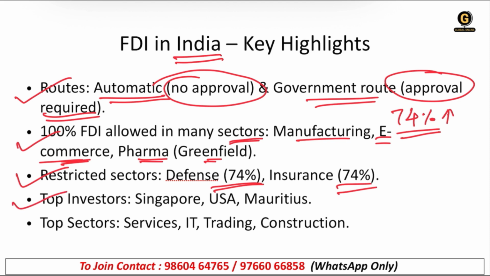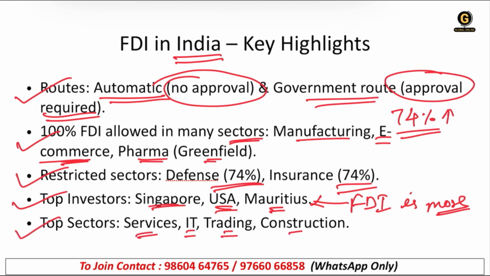Then we have top investors like Singapore, USA, Mauritius. These three countries bring the most FDI into India. Then we have top sectors like services, IT, trading, construction as well, right?